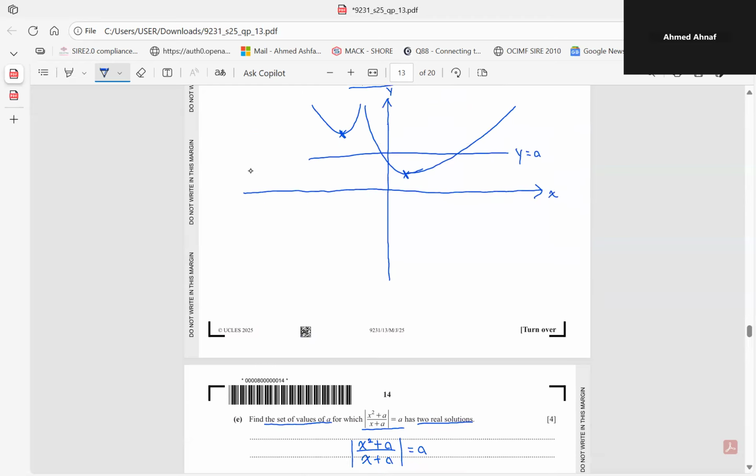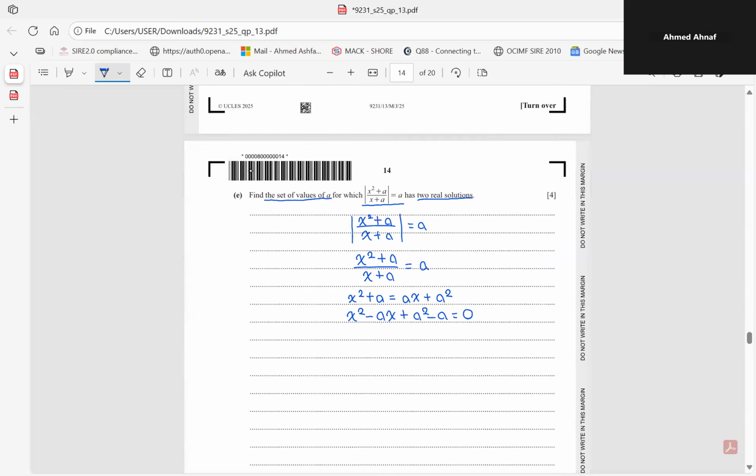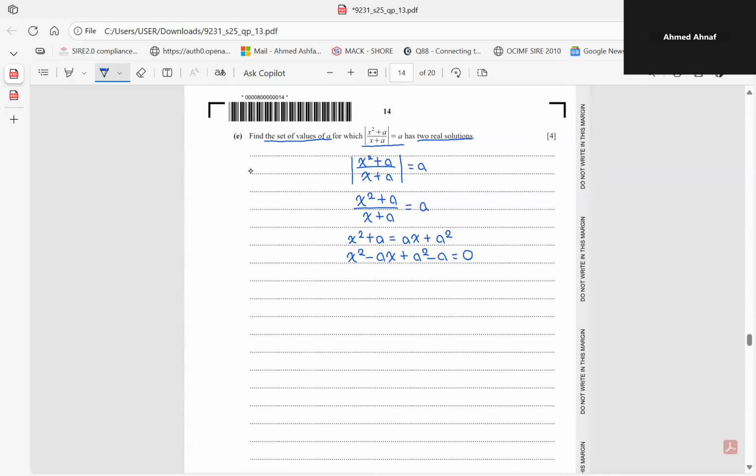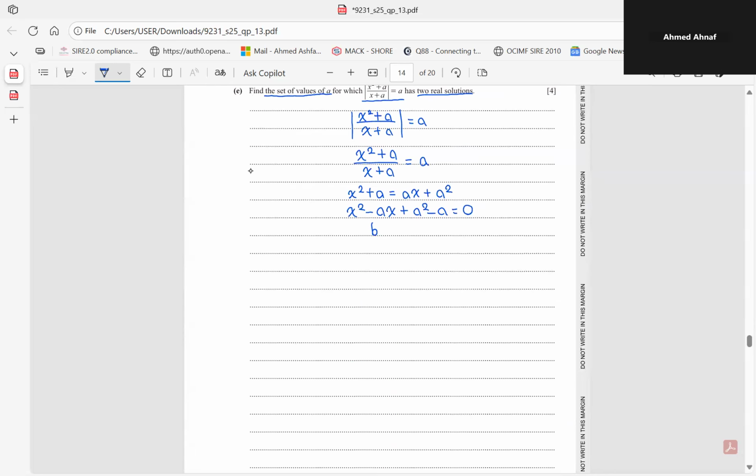Okay, so for this to have two real solutions, your b squared minus 4ac has to be equal to 0. Okay, so b squared is just minus a squared, minus 4 times a, which is 1, and then c is a squared minus a.